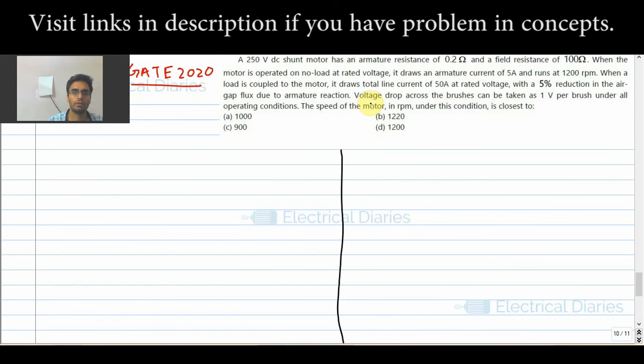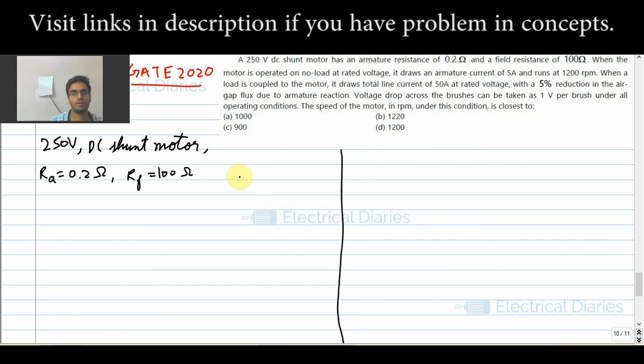250 volt DC shunt motor. Armature resistance 0.2 ohms and a field resistance 100 ohms.